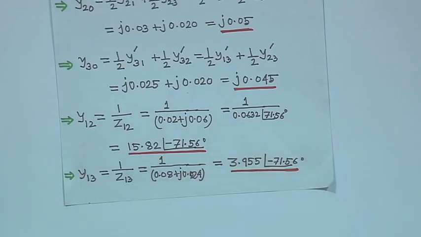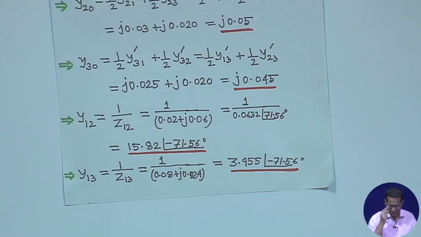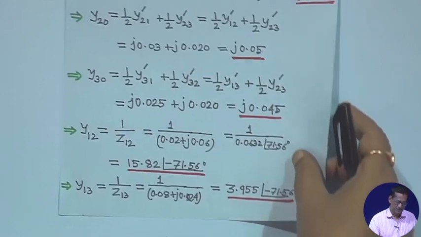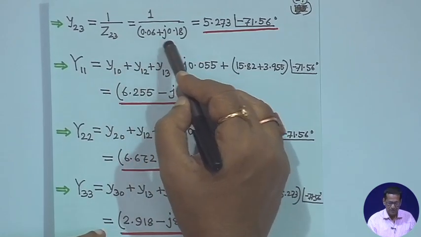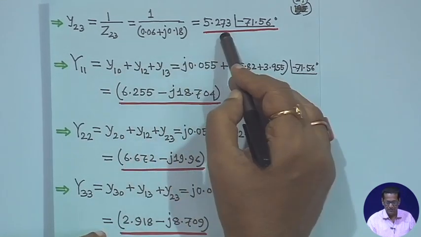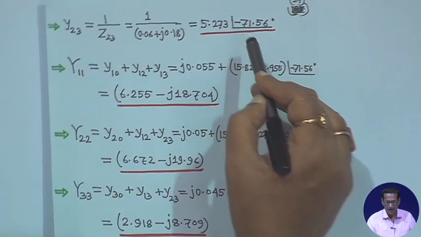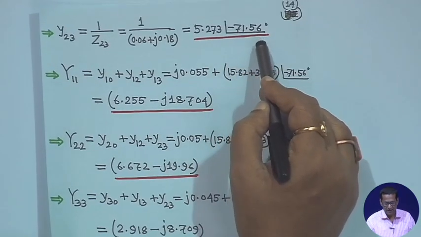Similarly, the data is taken in such a fashion that the R by X ratio for these line parameters is the same, only multiplied by some other factor. So similarly, y23 is equal to 1 upon z23, 1 upon 0.06 plus j0.18, equal to 5.273 angle minus 71.57 degree.